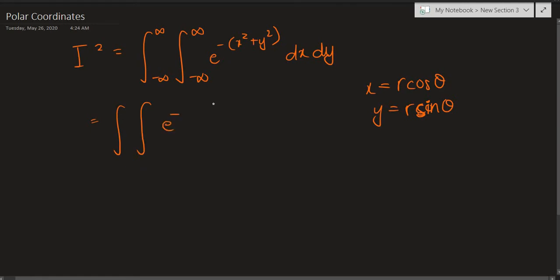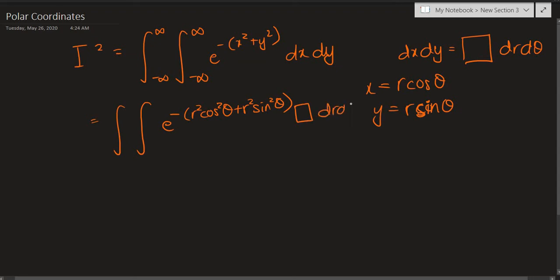So e raised to negative r squared times cosine squared theta plus r squared times sine squared theta, and we also have to fix a dx dy. The issue is dx dy is equal to some factor times dr d theta, and we have to find this factor. So for now, let's just put a blank and a dr d theta. I'll explain more about this.